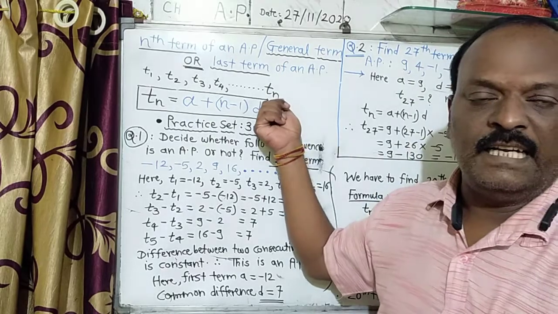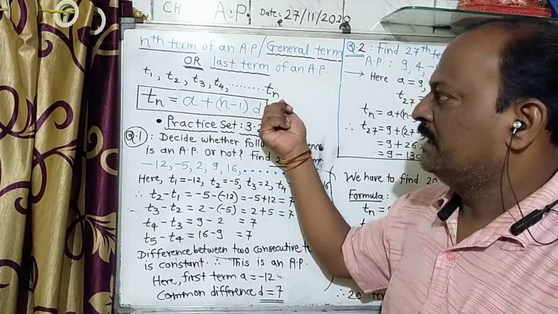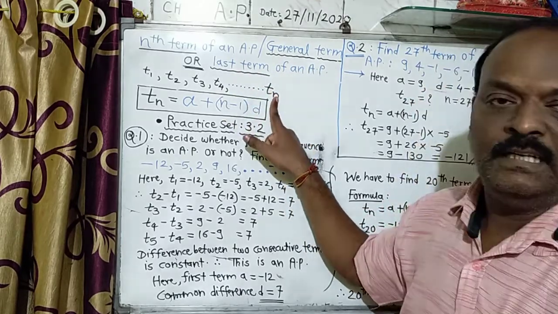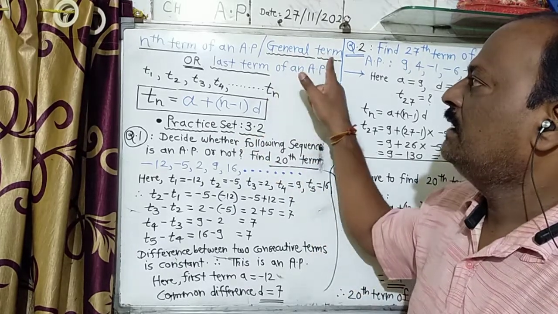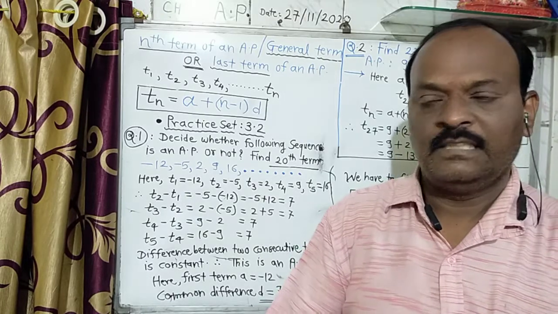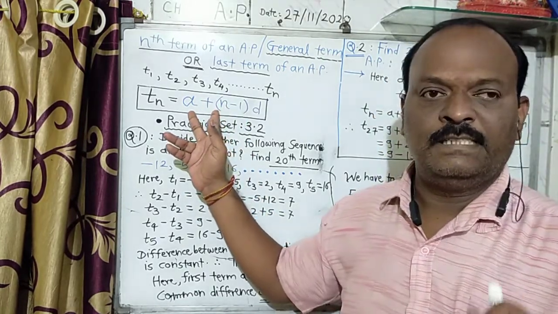Tn means the nth term of an AP, also called the last term or general term of an AP. This is the first formula of this chapter.